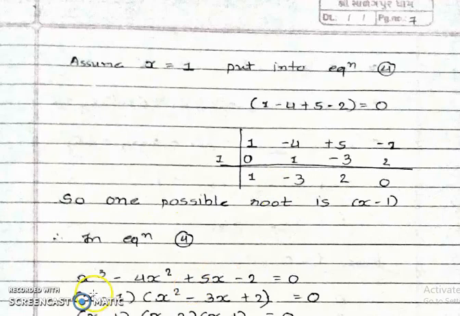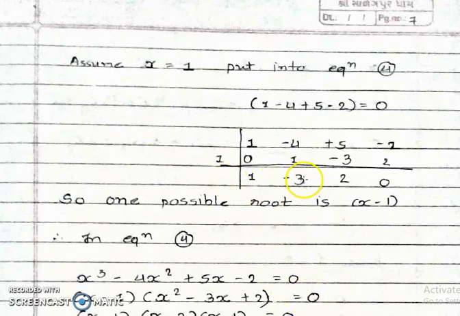Then write the equation x cubed minus 4x squared plus 5x minus 2 equal to 0. Then we find one root is x minus 1. So write here in the multiplication form, like x minus 1 into x squared minus 3x plus 2 equal to 0.